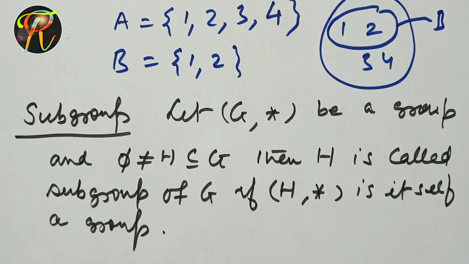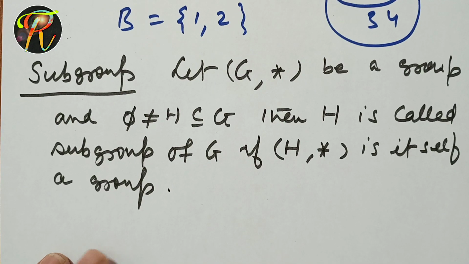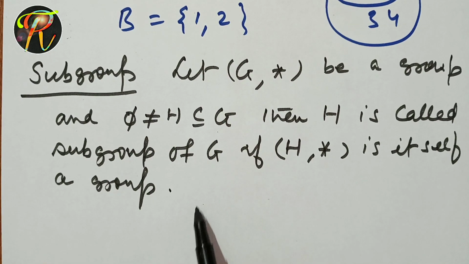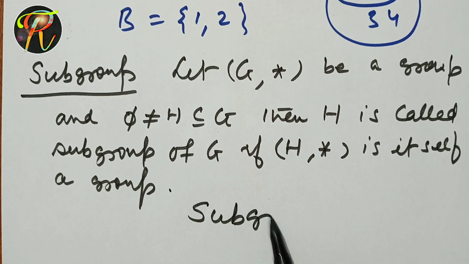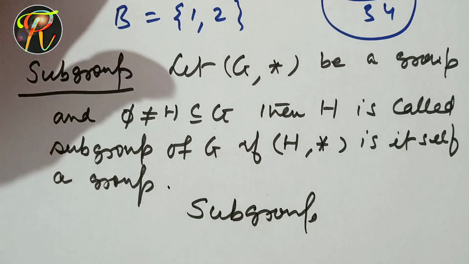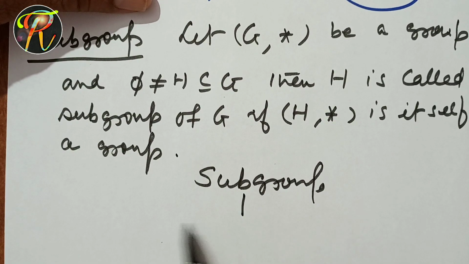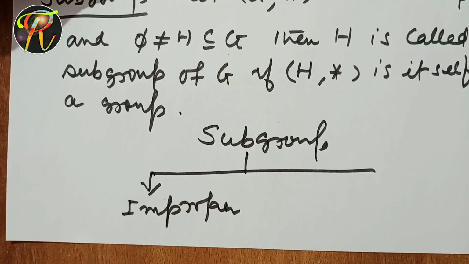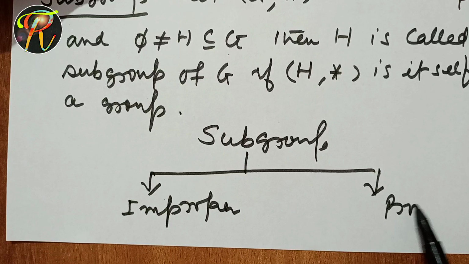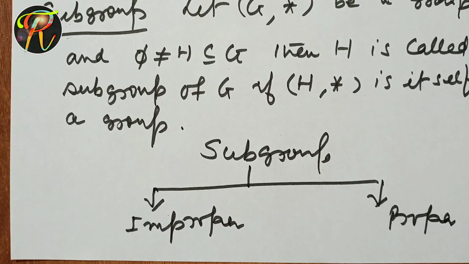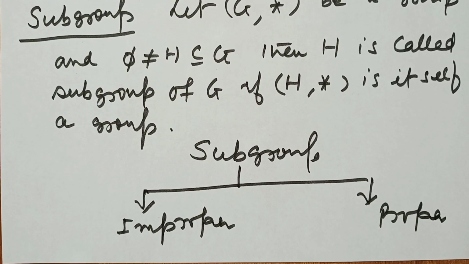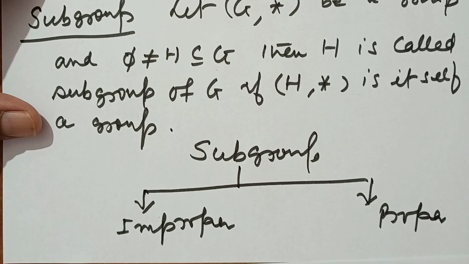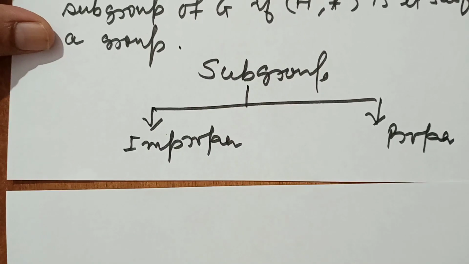There are two types of subgroup mainly: one is improper and the other is proper. First is improper subgroup, and second is proper. So what is improper? In a group, the smallest group is the one where the set contains only the identity element with respect to the operation, and it is always a group.